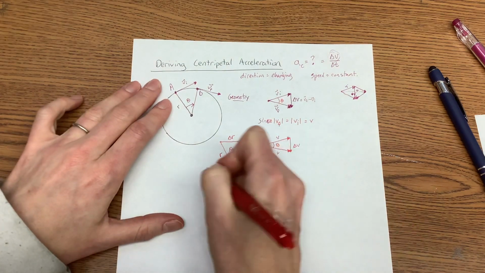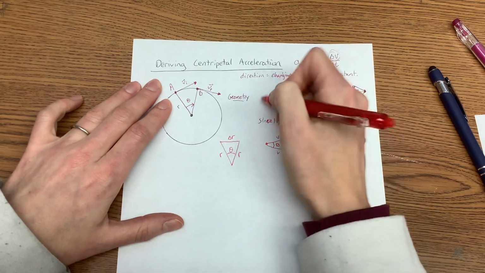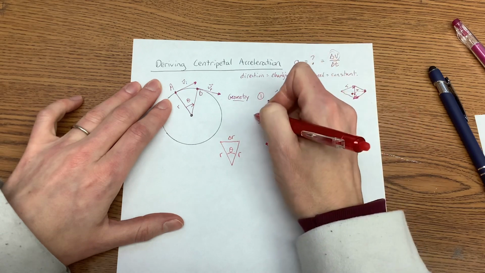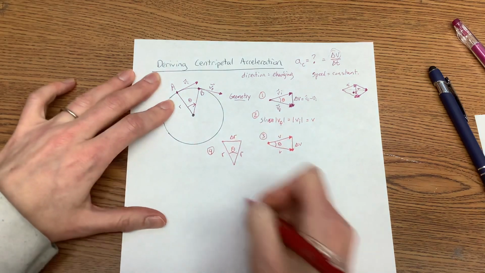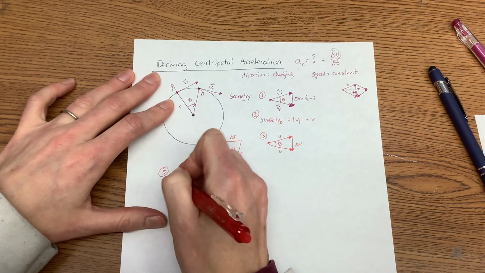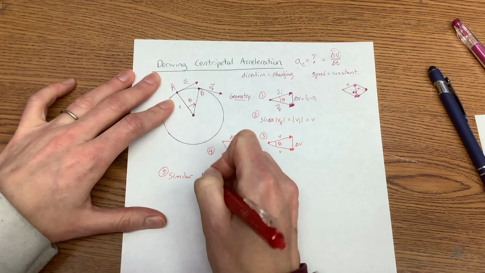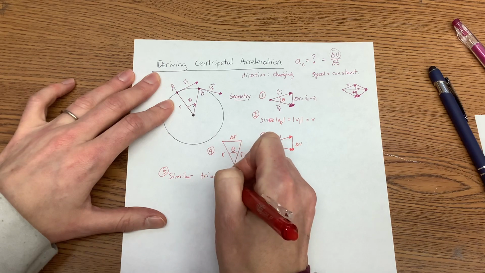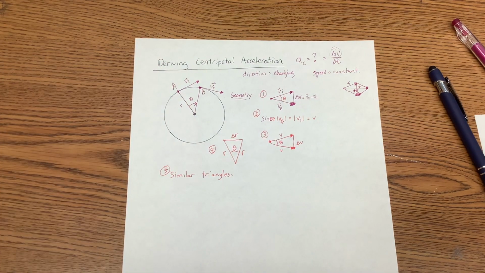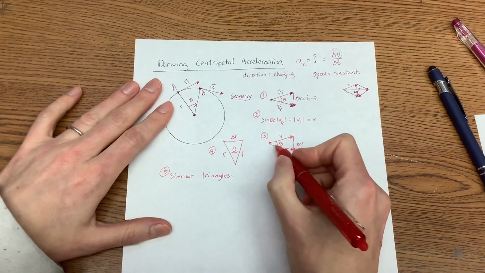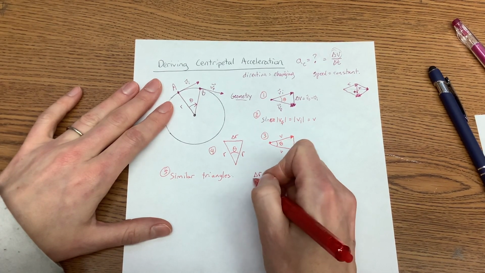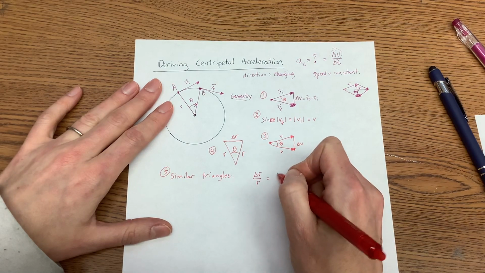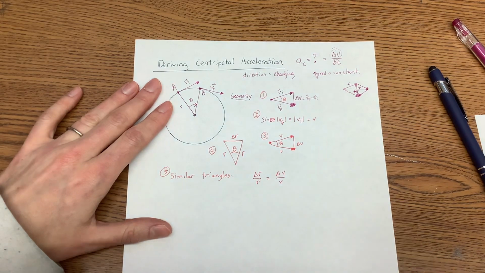And so I have some similar triangles right here. I drew this out of there. And since those are similar triangles, I can write some relationships. Delta r over r is the same as delta v over v.